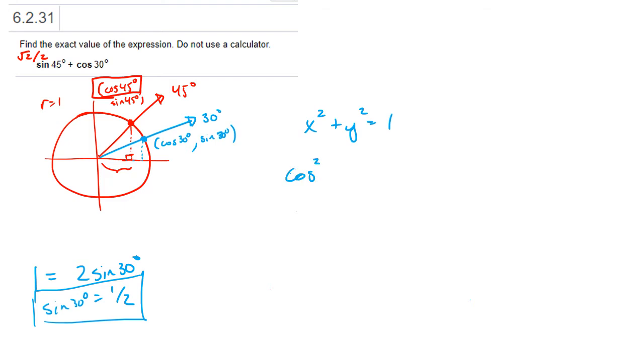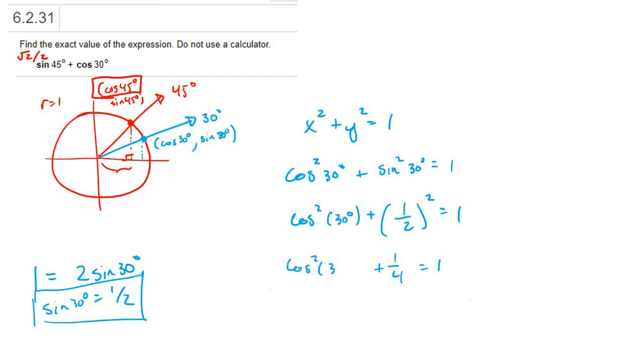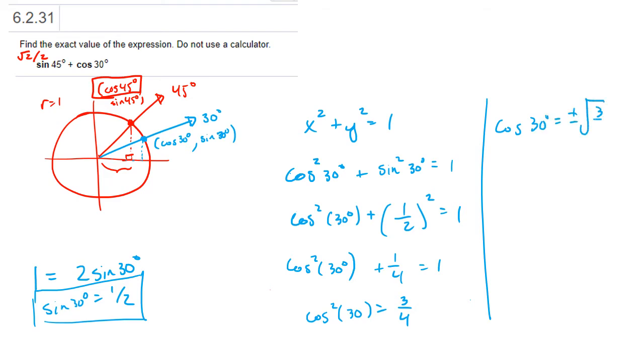X is cosine of 30 degrees, so cos squared of 30 degrees plus y squared, that's sine squared of 30 degrees, must equal 1. Now, I don't know yet the value of the cosine of 30 degrees, but what I do know is that the sine of 30 degrees is exactly 1/2. 1/2 squared is 1/4. If I subtract 1/4 from both sides, we get cos squared of 30 degrees is equal to 3/4. Now I take the square root, and I say the cosine of 30 degrees is plus or minus the square root of 3/4.